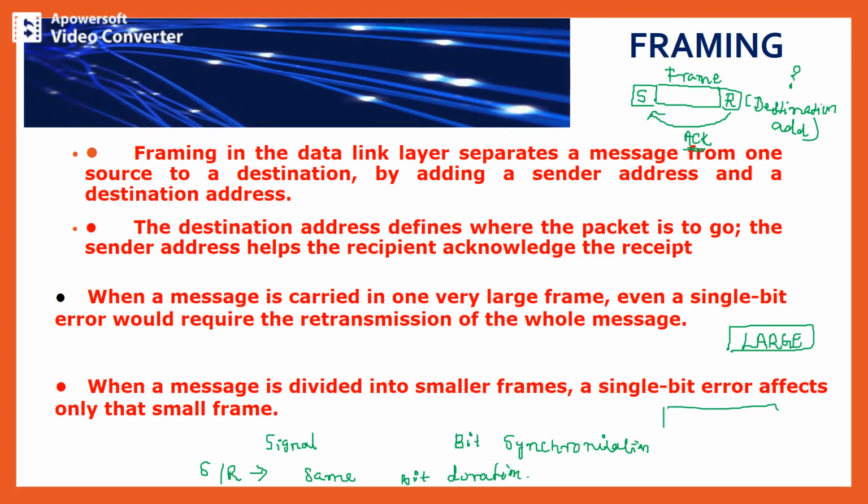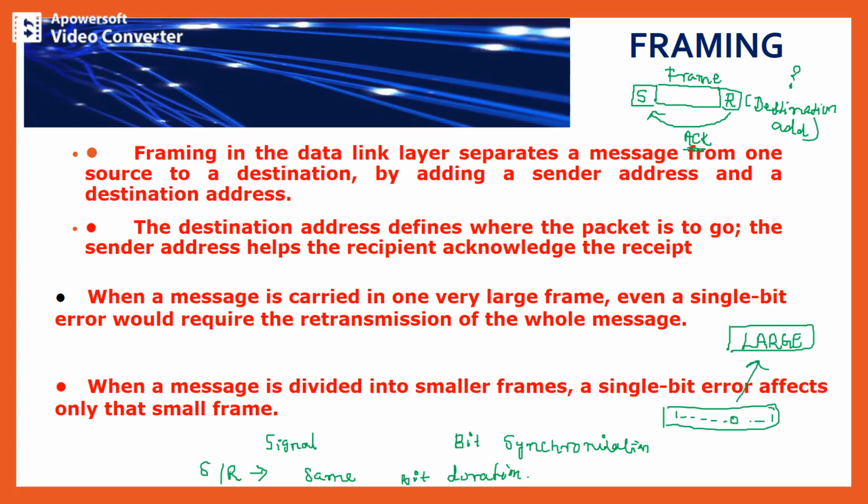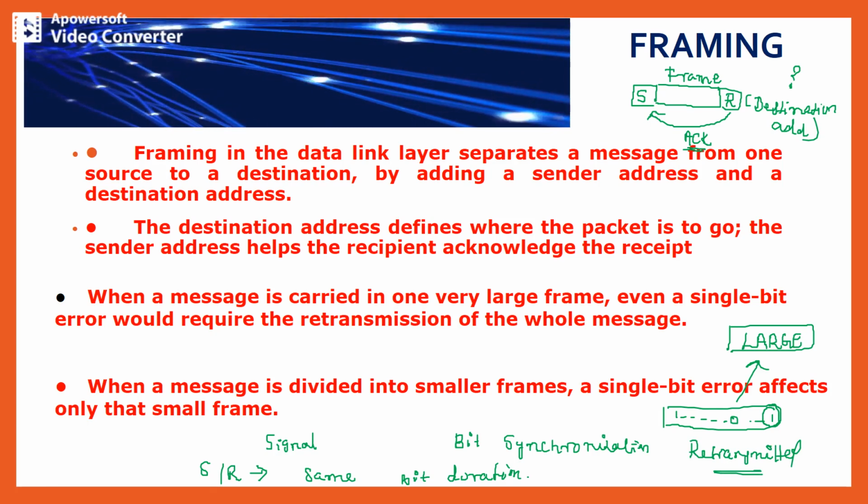Suppose this is my data consisting of some set of information and the size of the frame is large. If this respective bit is corrupted, the entire frame needs to be retransmitted, even if a single bit error occurred at the destination.